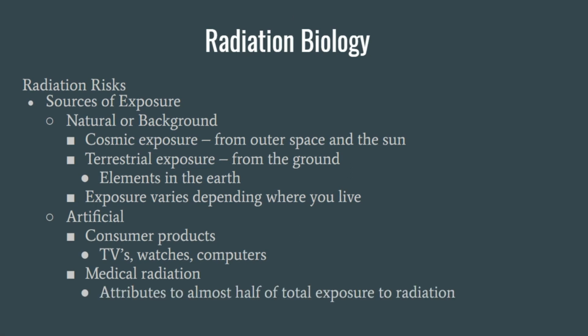This is about half of the total exposure to radiation that people may receive. This category includes any kind of medical radiographic procedures, any kind of dental images, any kind of radiation therapy that you may receive. This is all artificial medical radiation that contributes to your daily exposure to radiation.